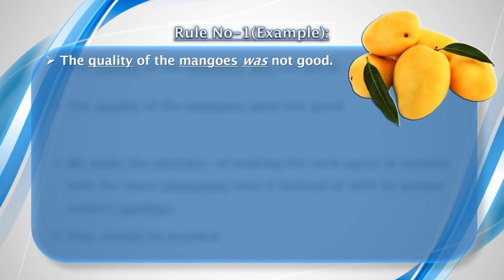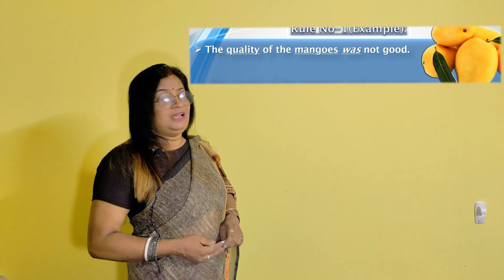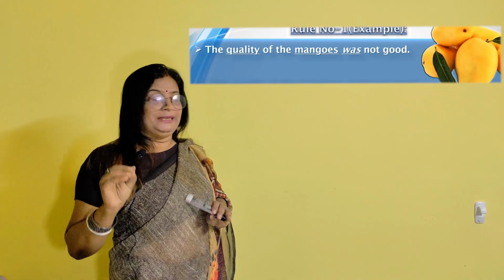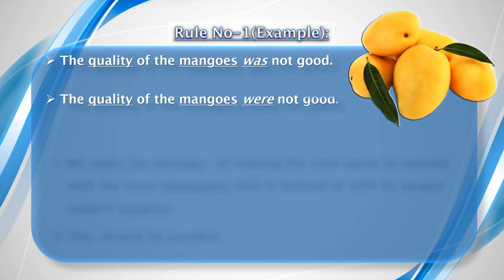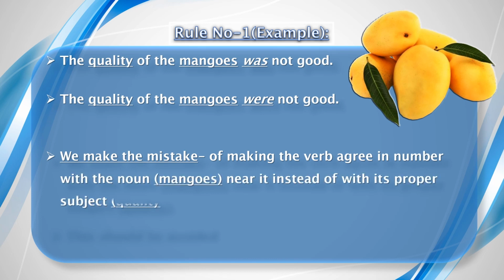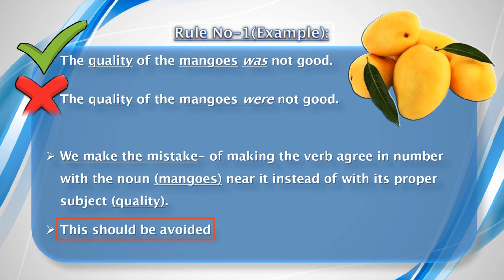Most of the time, whenever we see mangoes, we put 'were' here. But we have to agree with the subject. And what is our subject? The quality. So the proper sentence will be: the quality of the mangoes was not good. The common error is that we make it agree with the number, that is mangoes. These are the common errors that we make and we do not even realize it while writing.